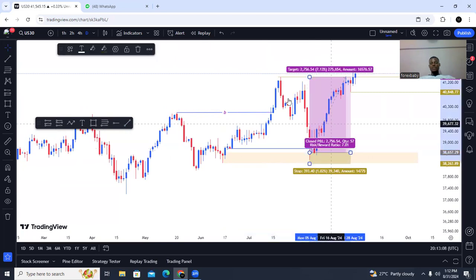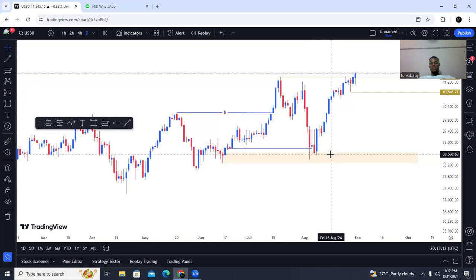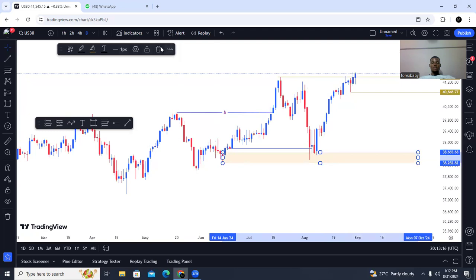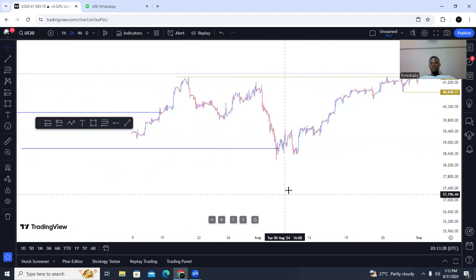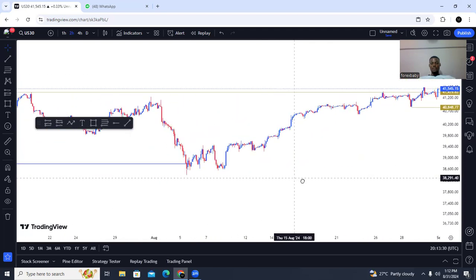But let's see if we could get an entry right there. This zone, I love the way it went back from here. So let's go to 2 hours and see if we could get an entry.